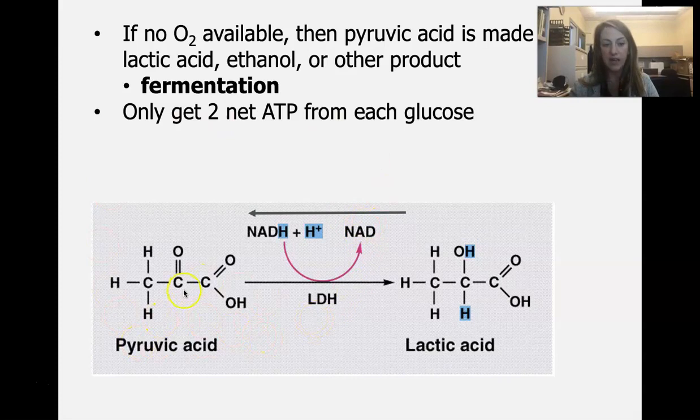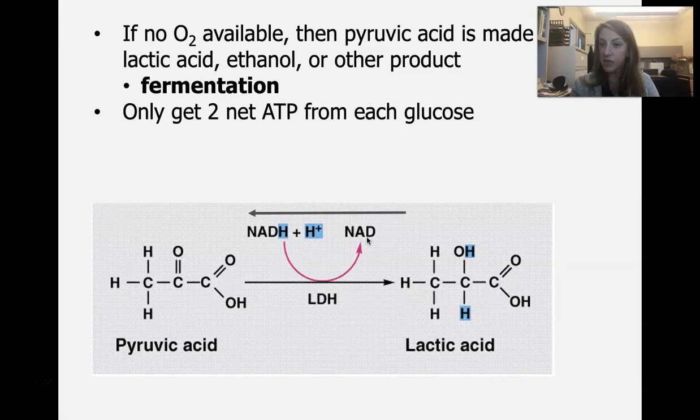So as pyruvic acid is turned into lactic acid in our muscles, the NADH is turned back into NAD+, and that can then run glycolysis again. So it's a way to recycle the NAD pluses and send them back into glycolysis. It's a way to keep glycolysis going, which gives off 2 ATP. So it's not super efficient, but it works.